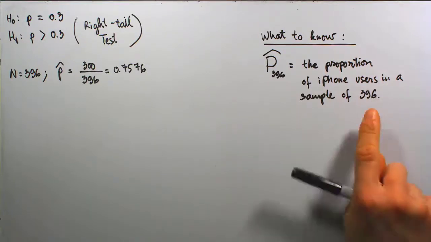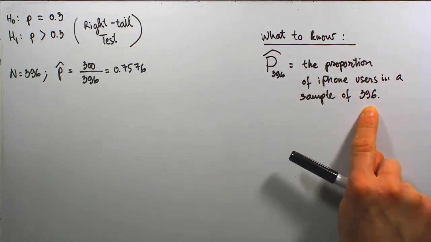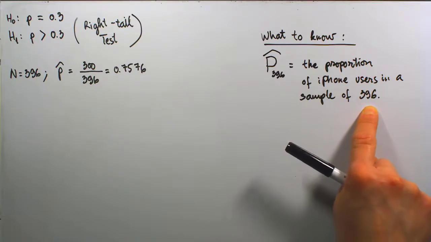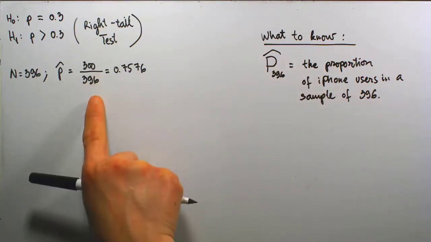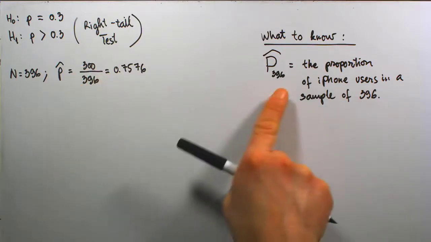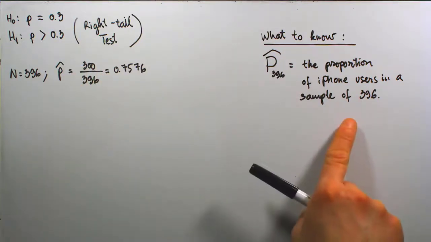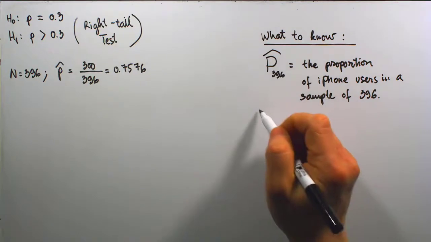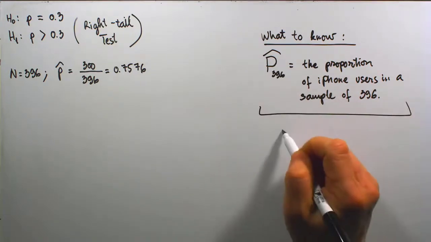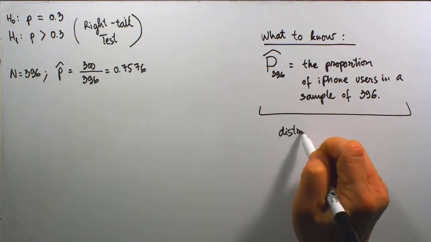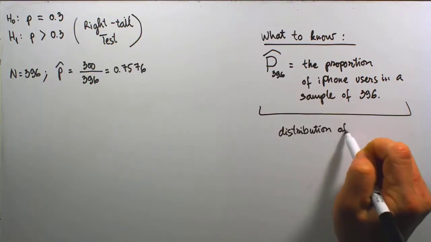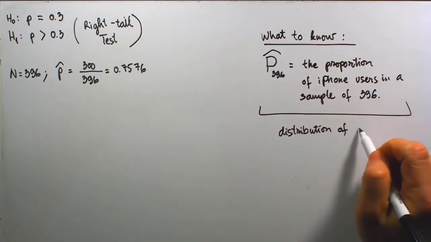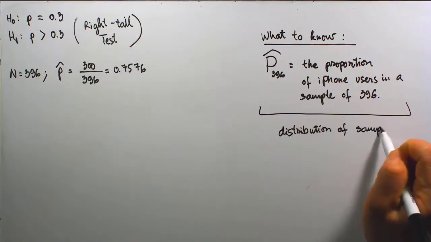And 396 here, I mean 396 cell phone users. Whereas generally, here my count is 300 out of 396. That is one value of this proportion of the iPhone users. And then what we have here is a distribution of sample proportions.